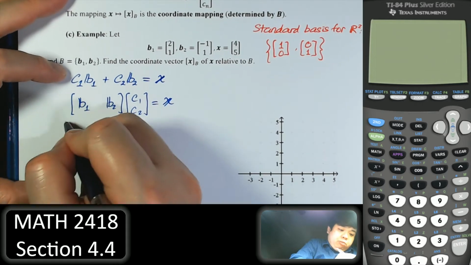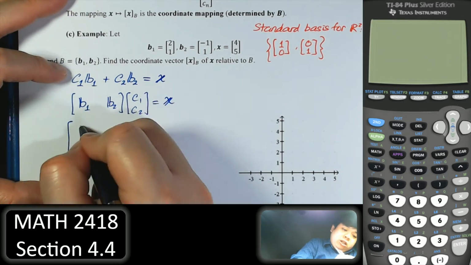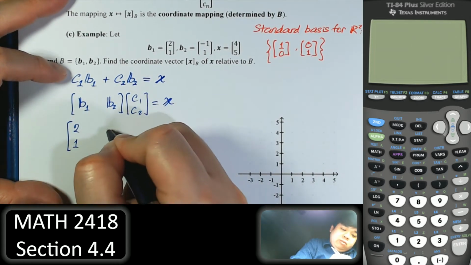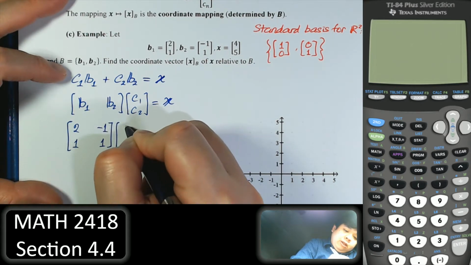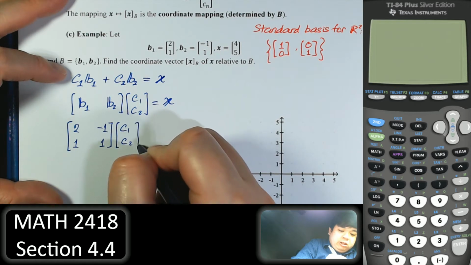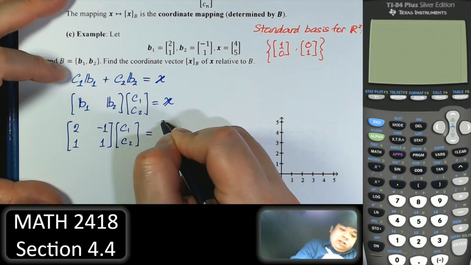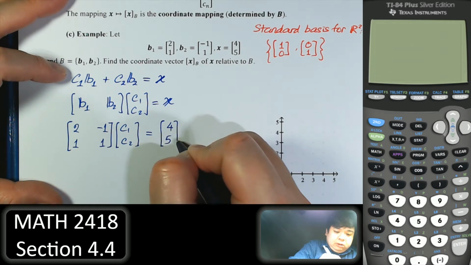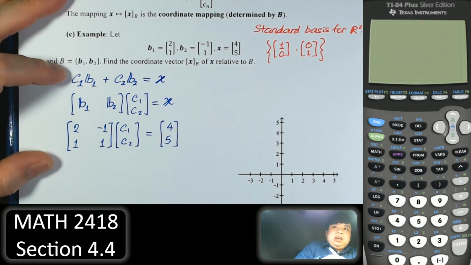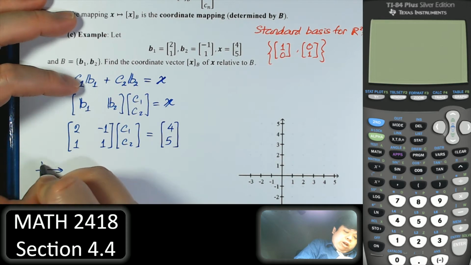And now put the numbers in. Vector b1 is 2 and 1. Vector b2 is negative 1 and 1. c1 and c2 are to be found. And vector x is 4 and 5. We just put everything in and do the reduced row echelon form.